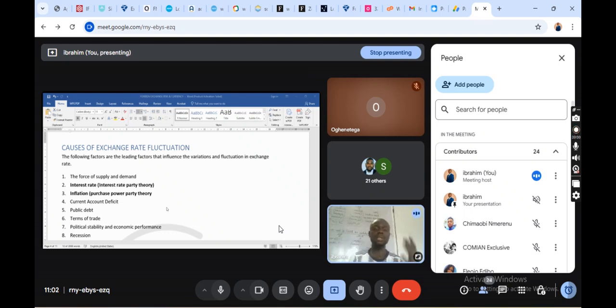Another question is, is your spot rate depreciating or appreciating? If it is depreciating, what is the depreciation percentage? If it is appreciating, what is the appreciation percentage?